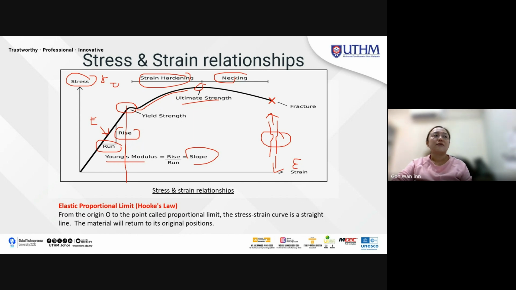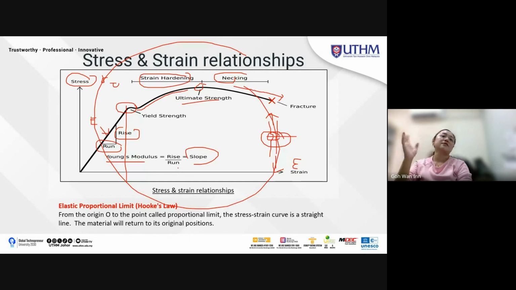After the ultimate load, you pull it, necking happens, and then it gets thinner and weaker until fracture. Fracture means it fractures. From this, you need to understand this relationship. This one you will use forever, even if you are doing your final year project for structures or materials, you're going to face this.